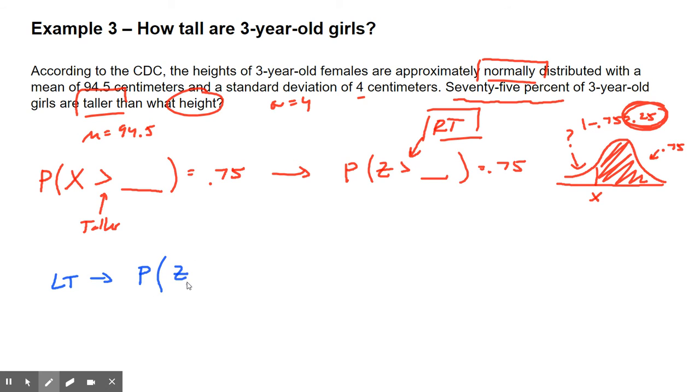I know the probability that z is less than some value is going to be equal to 0.25. Okay, this is left tail. So I'm going to take a picture of that, and that's what I'm going to use in my probability stats applet. And then I'm just going to take a picture of the whole screen so I know what my mean and standard deviation are as well.